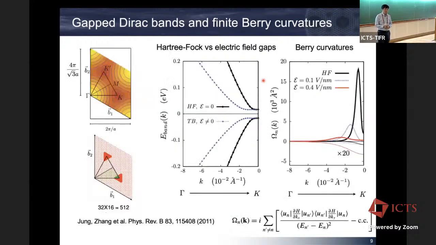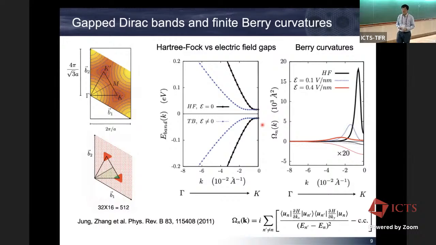Now, if you do a similar calculation in the lattice, there are many other details here, and I'll highlight only a few aspects. When you open up a band gap in a bilayer, you have an associated Berry curvature that produces an orbital moment.